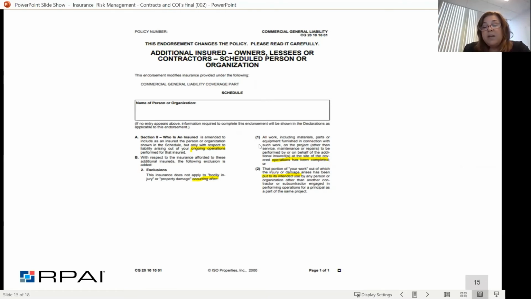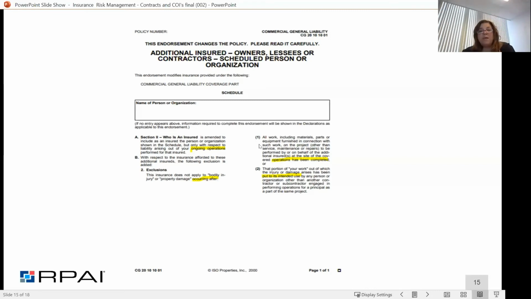Then it goes on and lists an exclusion under this endorsement. And it says that this does not apply to bodily injury or property damage occurring after all your work has been completed, and then the second part, your work has been put to its intended use.